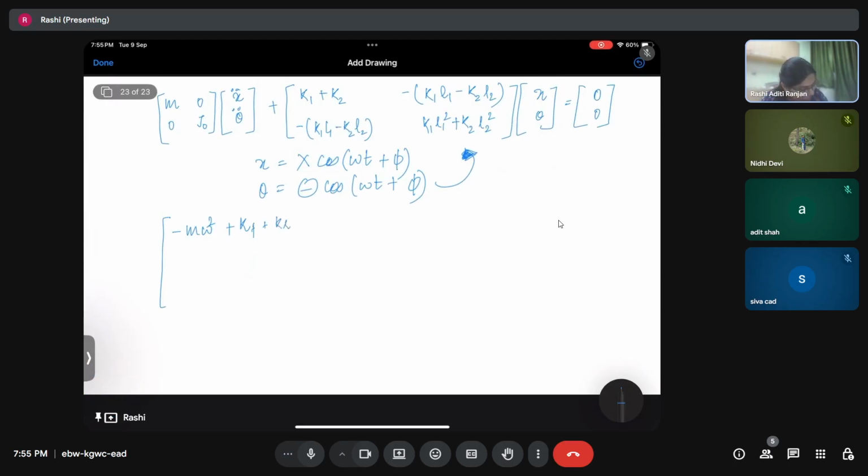Then we'll have a minus kf into L1 plus kr into L2.